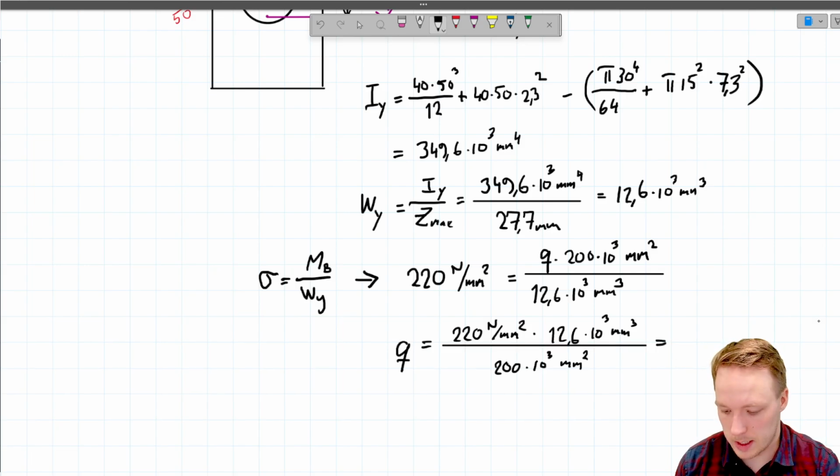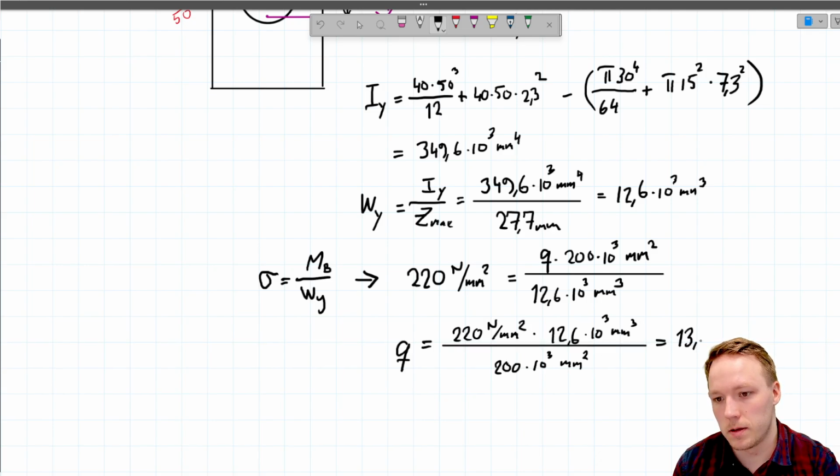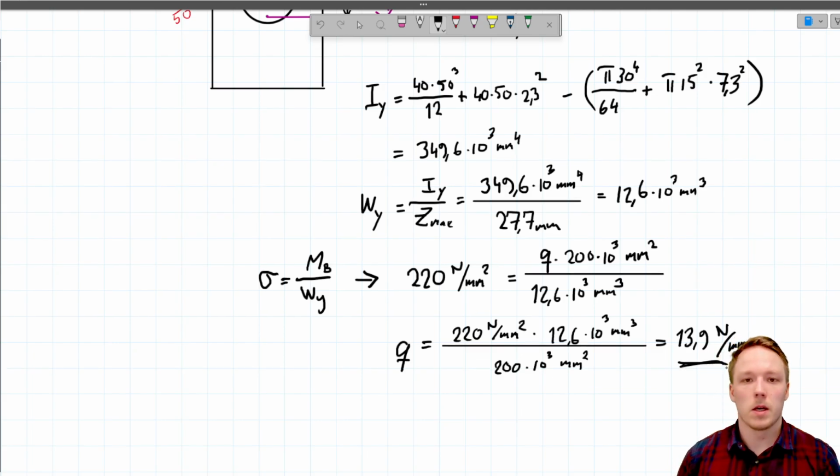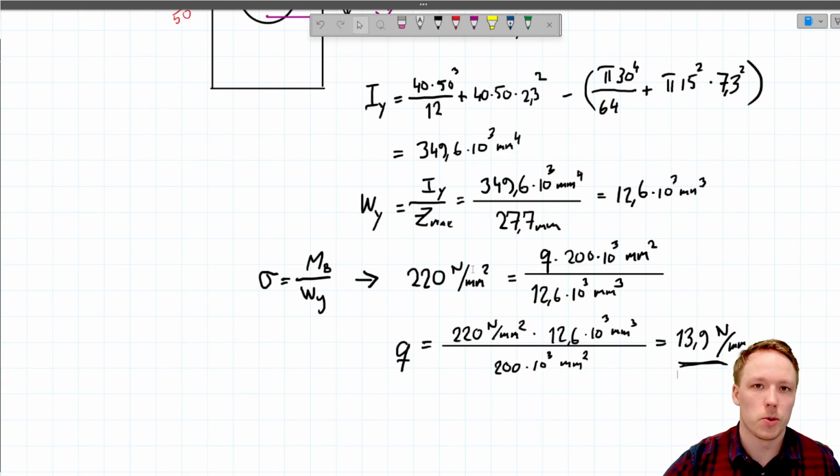And what we get is 13.9 newtons per millimeter. So that was the answer for our task. The maximum density for the distributed loading is 13.9 newtons per millimeter.